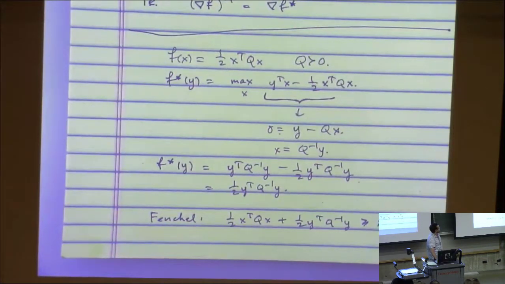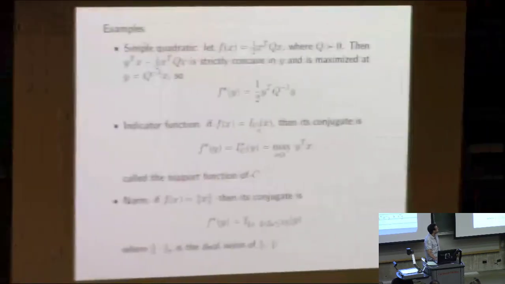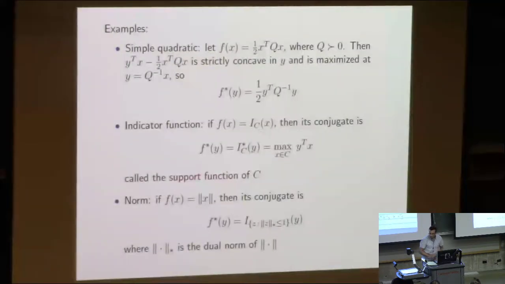How about an indicator function? Indicator functions have support functions as their conjugates, which is why in previous lectures you may have seen me denote support functions by putting an asterisk at the top of the indicator function notation. This one is rather simple.